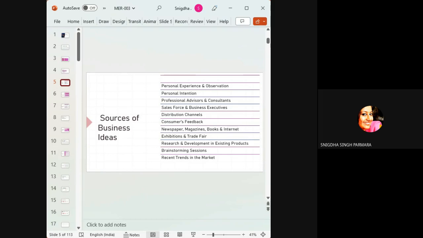Brainstorming sessions, as in sessions wherein a group of people discuss and put their thoughts and opinions out, where they gather at a common place and mutually share their experience about some enterprise or some product.